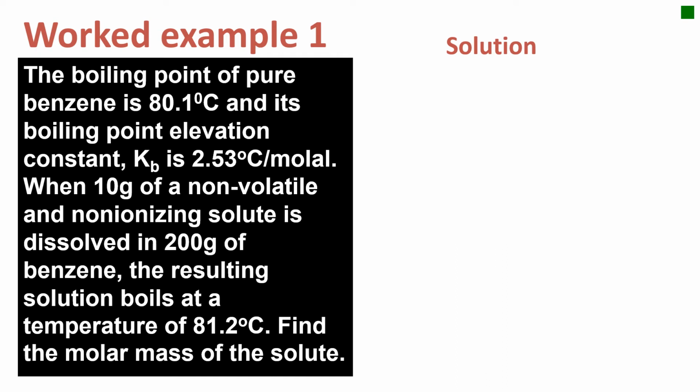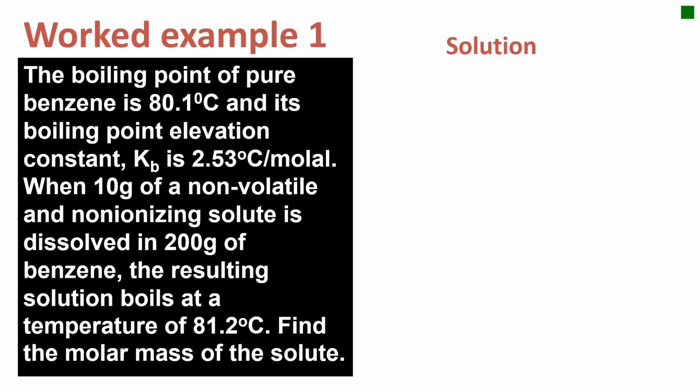When 10 grams of non-volatile and non-ionizing solute is dissolved in 200 grams of benzene, the resulting solution boils at a temperature of 81.2 degrees Celsius. Find the molar mass of the solute.